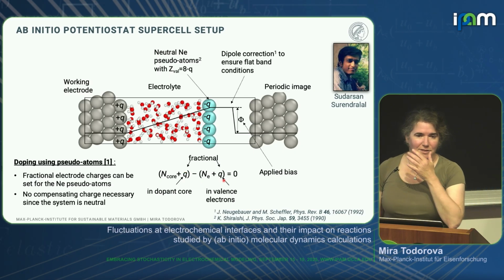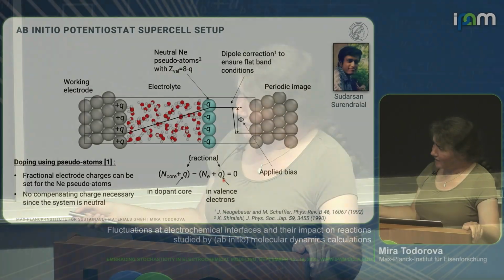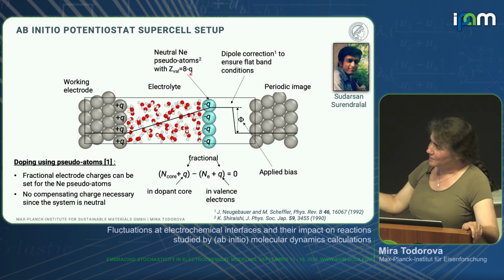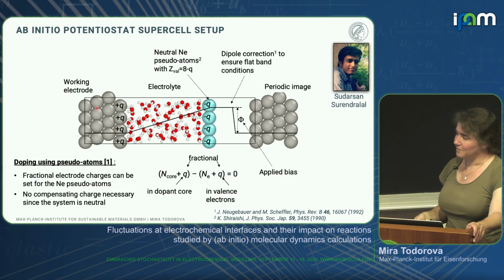If you have ever done semiconductor calculations, or read literature, you typically saturate the backside of the slab by one hydrogen with 3/4 or 1/2 or whatever, and these are exactly this kind of pseudoatoms. And we use rather small numbers here, and this is distributed over the neon layer so that we do not perturb too much the pseudo-potential of the neons, but nevertheless, this allows us to charge our working electrode.